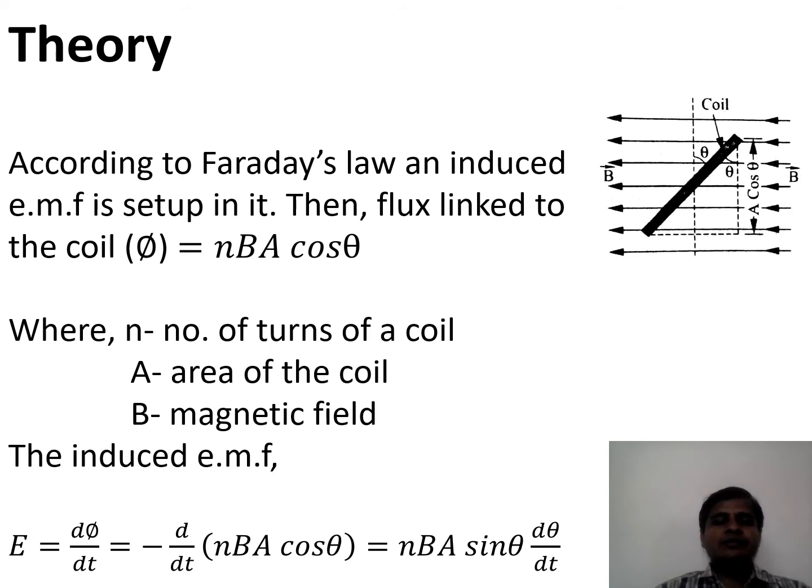Then the induced EMF is given by capital E is equal to minus d psi upon dt. If you substitute the value of psi in this expression, then it will become minus d upon dt into bracket N into B into A cos theta. After differentiation, we get the final expression for the induced EMF is equal to N into B into A sin theta into d theta upon dt.